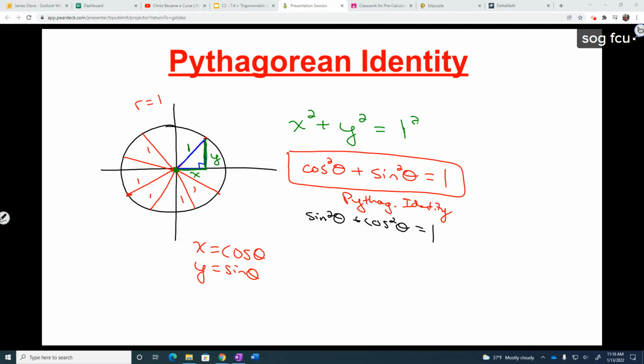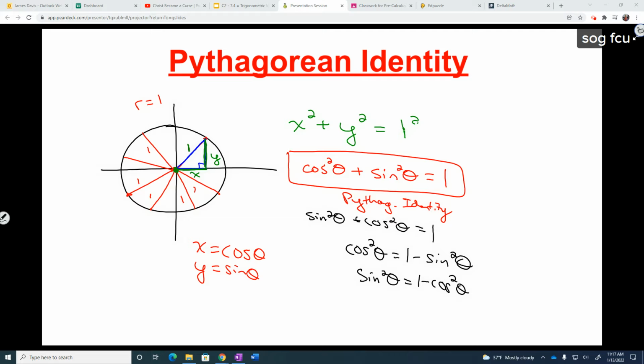For whatever reason, we just write sine in front of cosine, but it's the same thing, you just switch them around. If you wanted to know what cosine squared was, cosine squared is the same thing as 1 minus sine squared. I just rearranged that equation. And I could also say that sine squared is equivalent to 1 minus cosine squared.